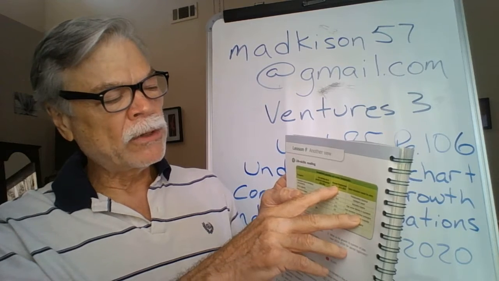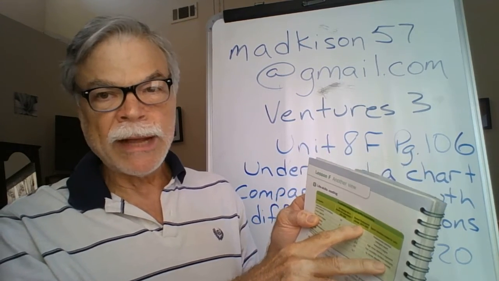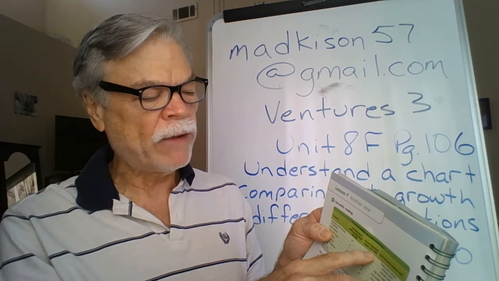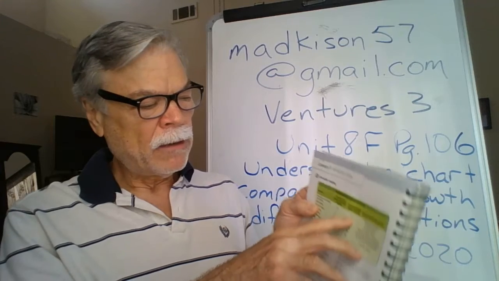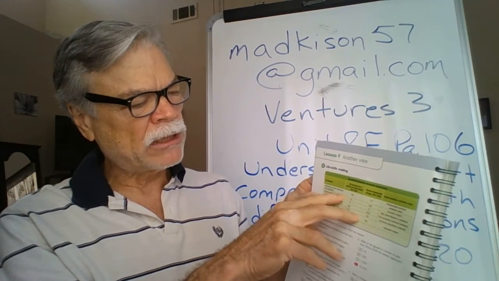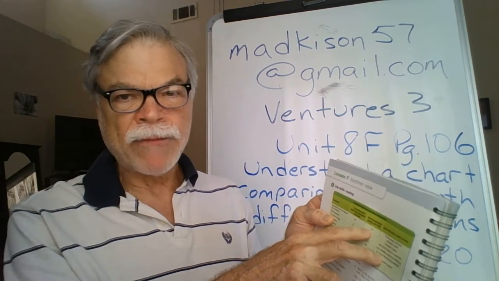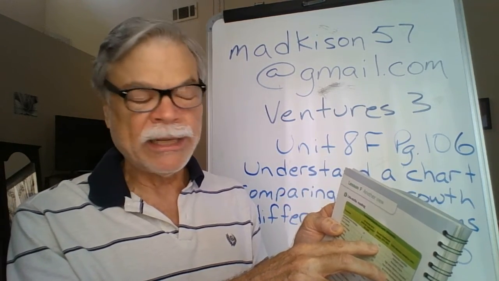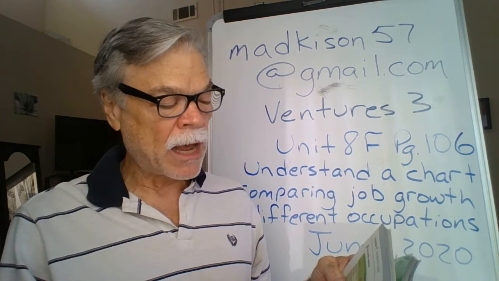Now, if you look at the third column, it says percent employment change from 2014 to 2024. So that means over a 10-year period, the 5.3 that is in the first row for automotive service technicians means there's a 5.3% increase in the number of jobs over that period of time.